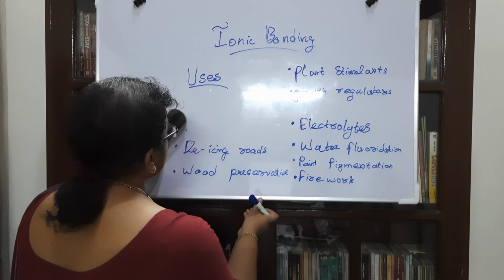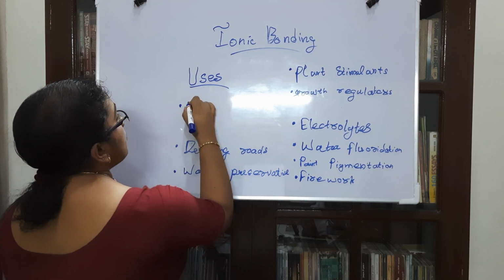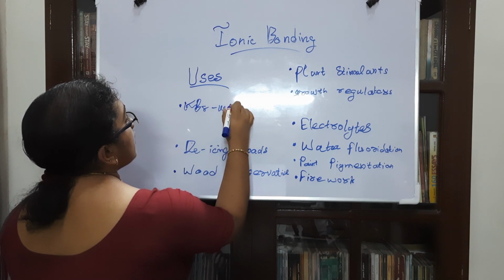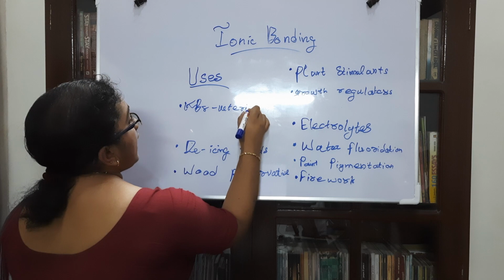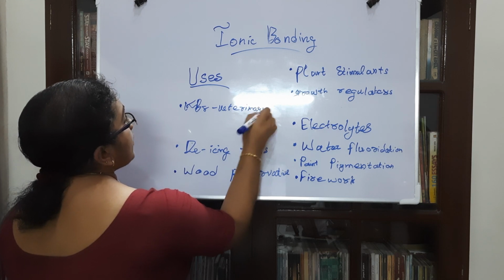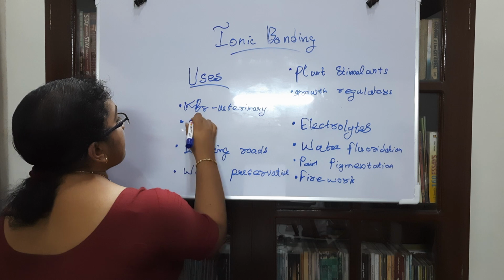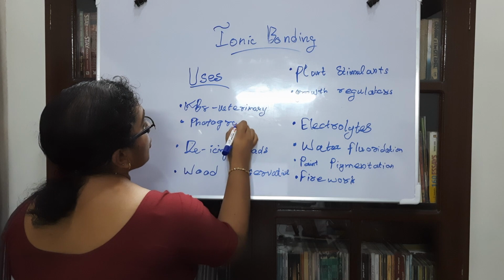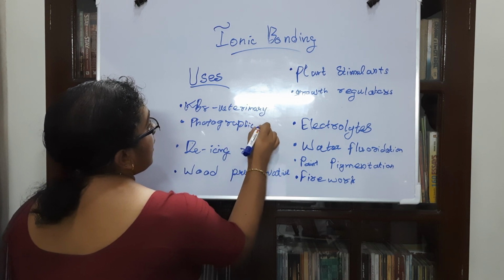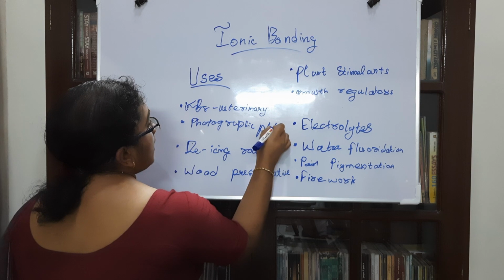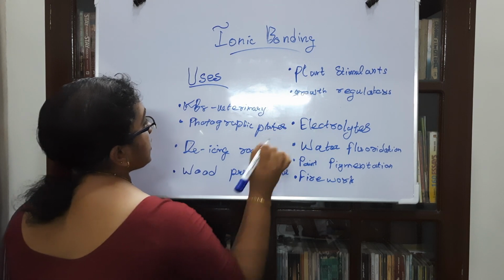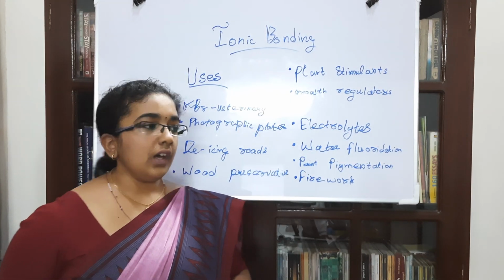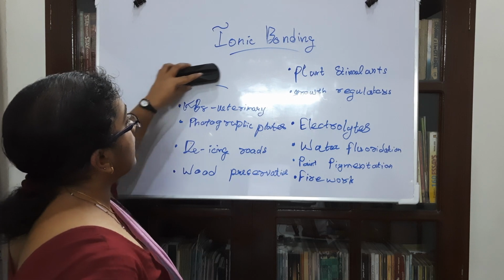Please note down that also, the use of potassium bromide in veterinary medicine and in photographic plates. So these are the uses of ionic compounds. Have you noted?